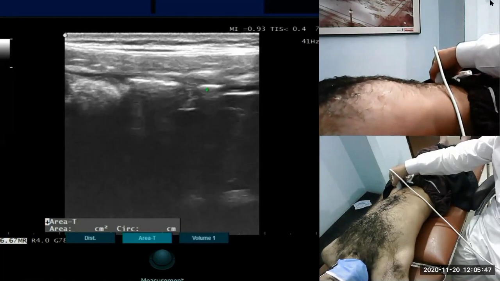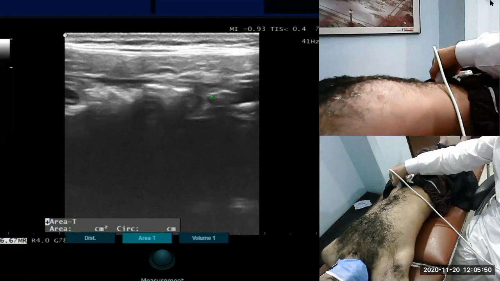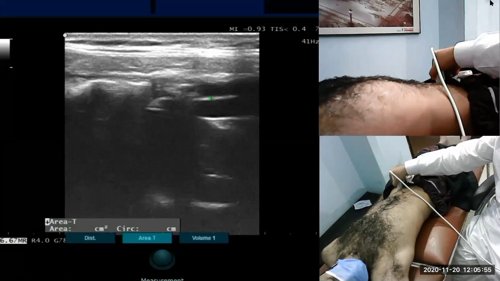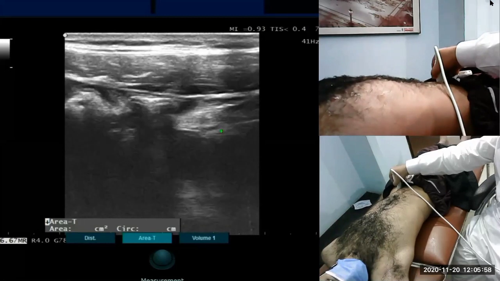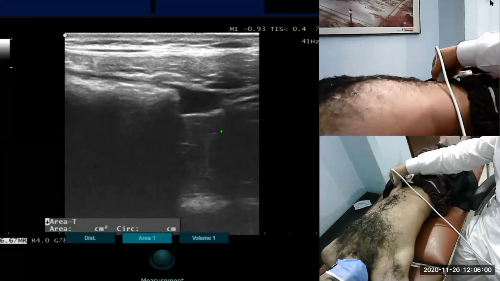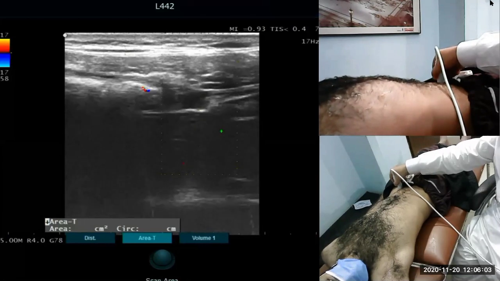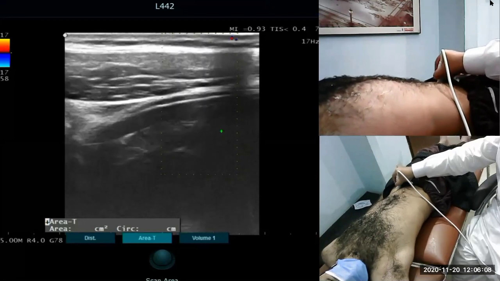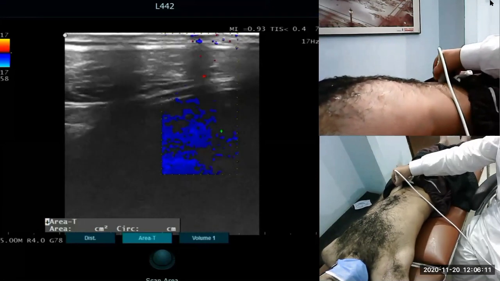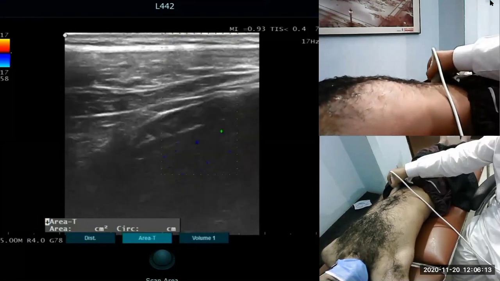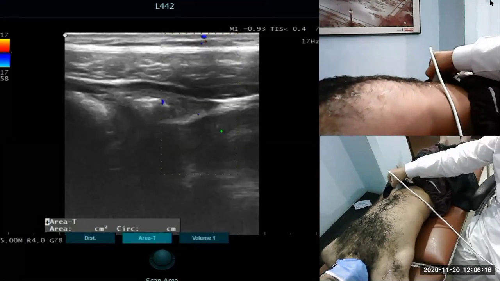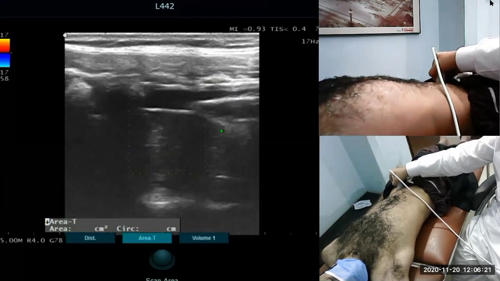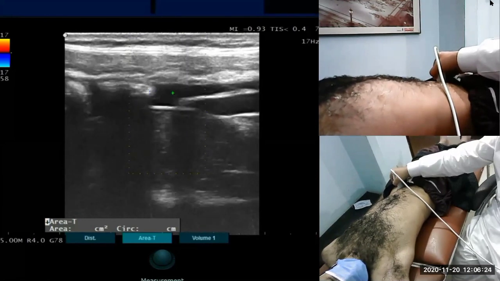Now you can appreciate better. And you can see gut loop floating inside. There you see the gut. This is not a blood vessel. Blood vessels are far away. There it is. This is free fluid.